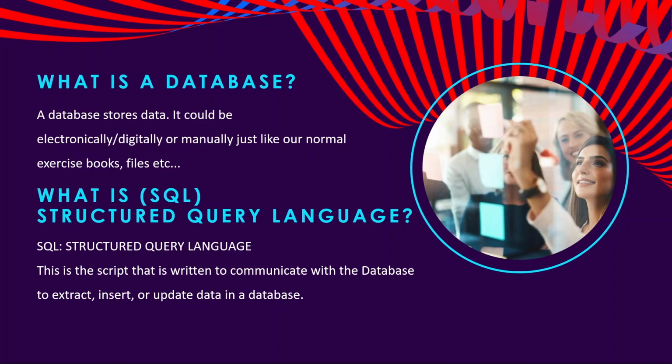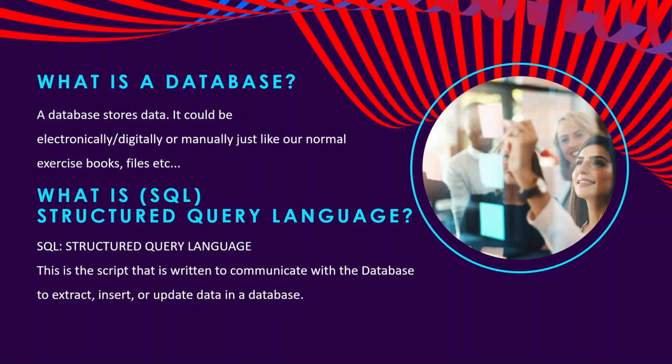We write some kind of script, some people call it a program, whatever it is, and we use it to communicate to the database so that we can extract data, insert data, or update data. I'll go back again to the example of our phone, where you want to get a phone number from a friend.